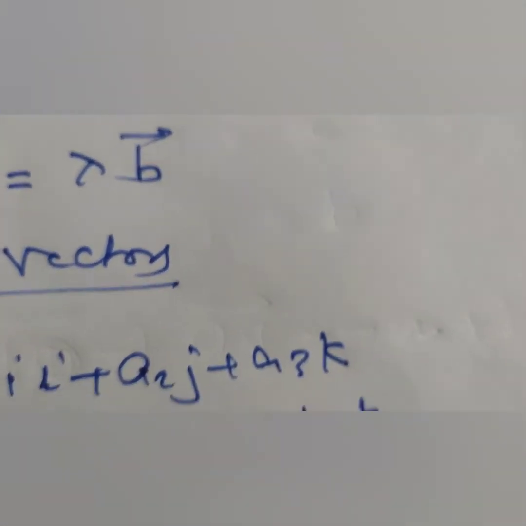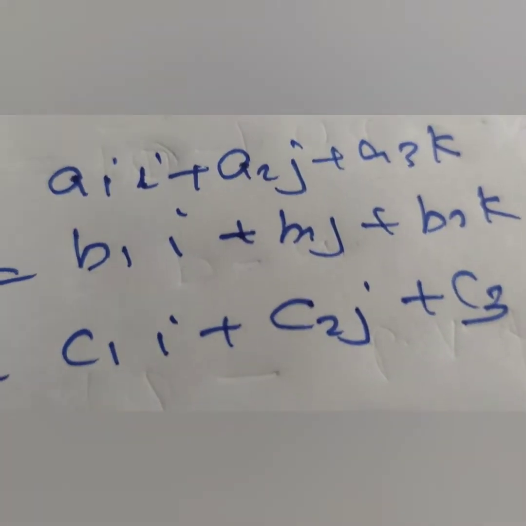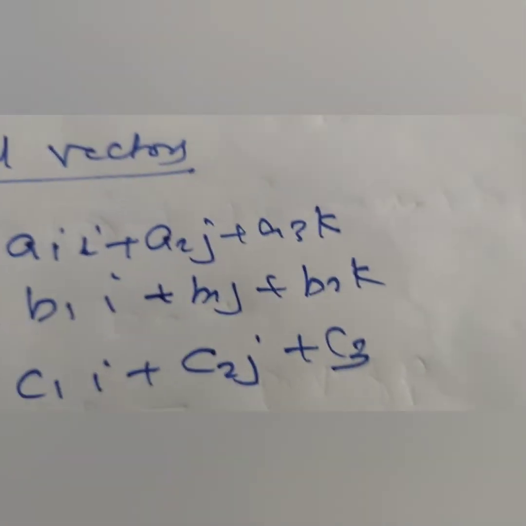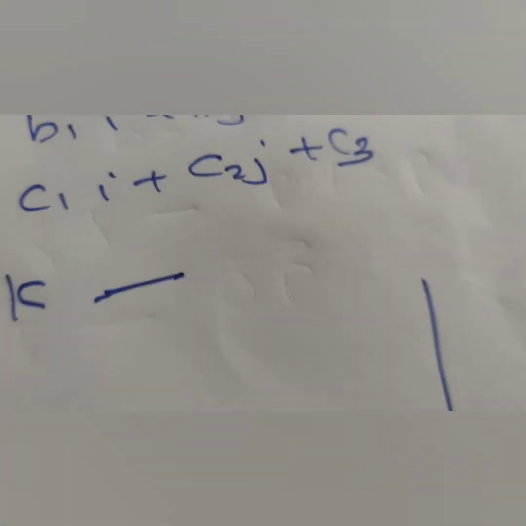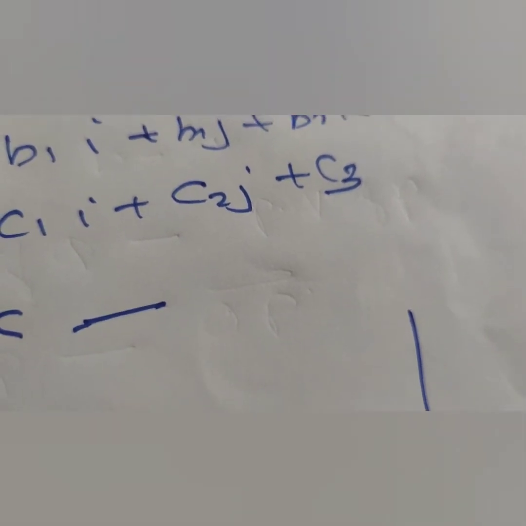By the way, what are i, j, k? i, j, k are unit vectors along the x, y, z directions.